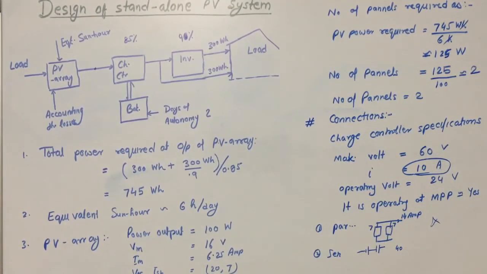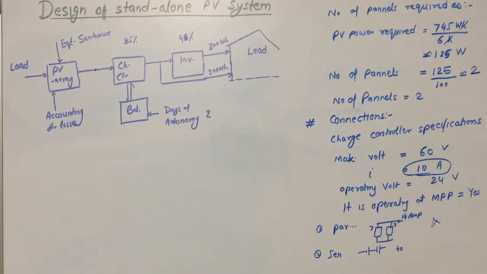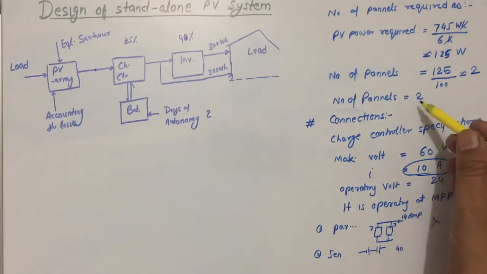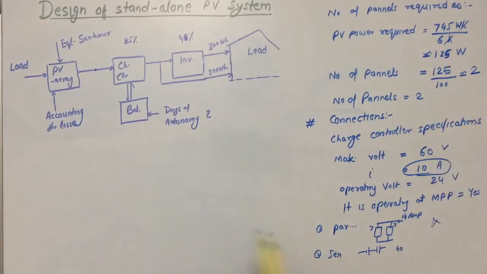So it means the operation in series is safe. So we will go for series connection of these 2 panels. Finally, we came to know that these 2 panels that we have are connected in series. It is okay. Now the charge controller is given here.